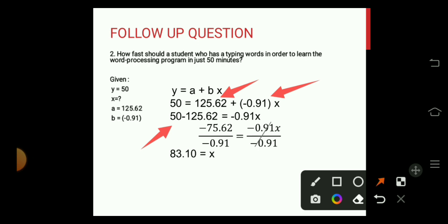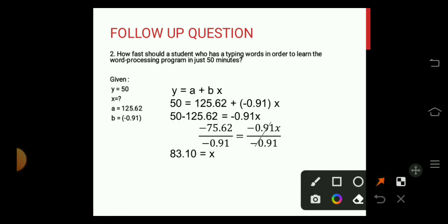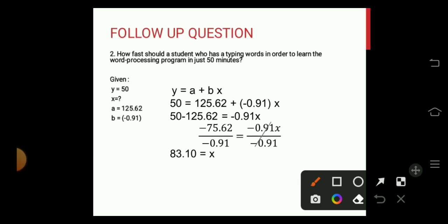The answer for 50 minus 125.62 is negative 75.62.